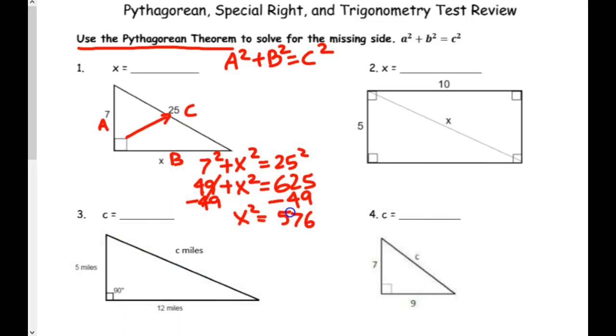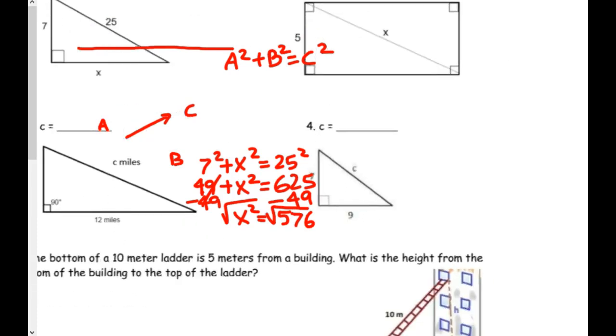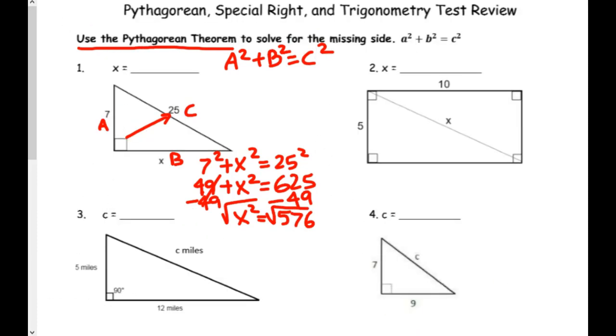And then remember, to get rid of that square, we're going to square root. Alright, and then we're going to do, like we've talked about before, a factor tree.